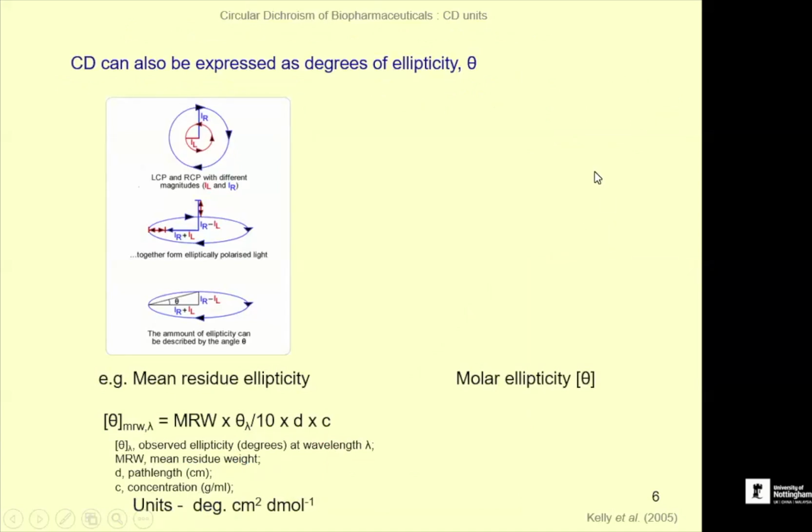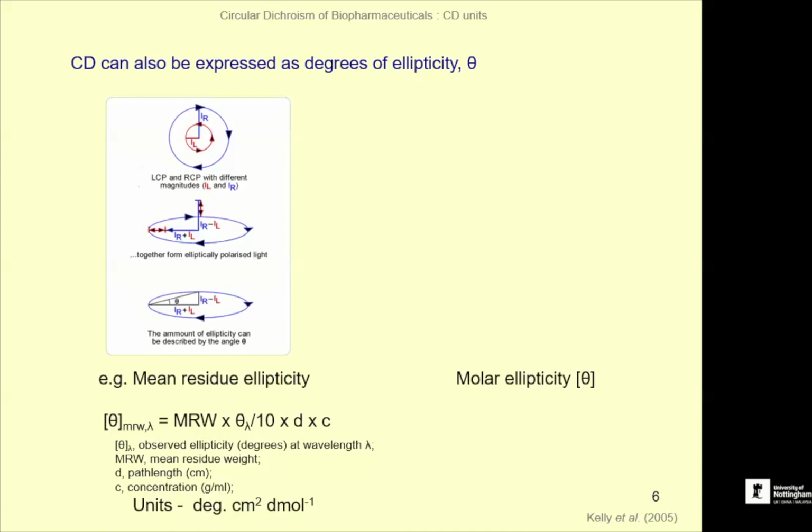So just to expand on that ellipticity, you will see those units used in the literature that you're going to do in the coursework as well. And so the blue represents the right-handed, the red, the left-handed, and the ellipticity that you see can be defined by the angle shown here, theta, which gets smaller as the ellipticity gets bigger, as you can imagine. And you can express the CD values in terms of things like mean residue ellipticity.